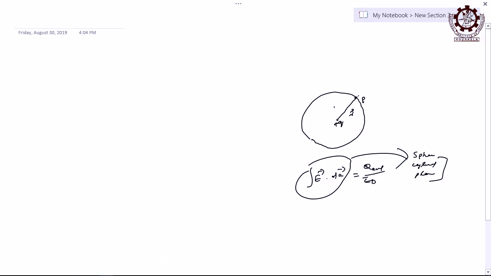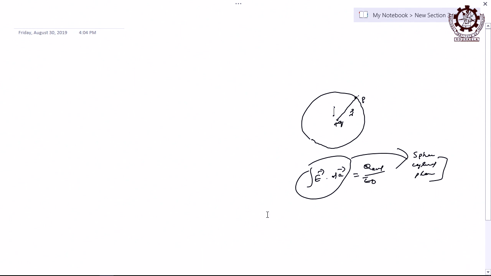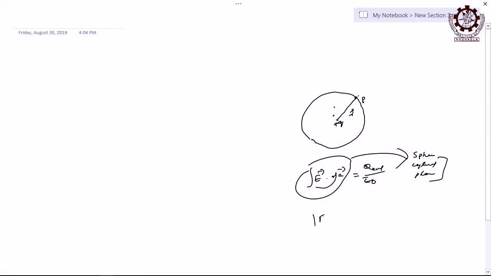You take a point anywhere, and you just imagine a Gaussian surface around that point charge. You know the amount of charge enclosed within the surface is q, then divide by epsilon 0, then integrate over the surface. So, what will this integration be now? It is just E times the area, 4 pi r square.